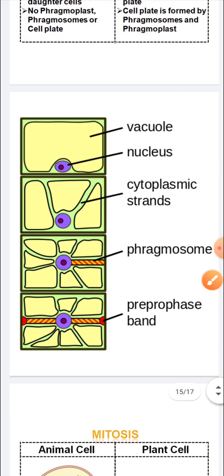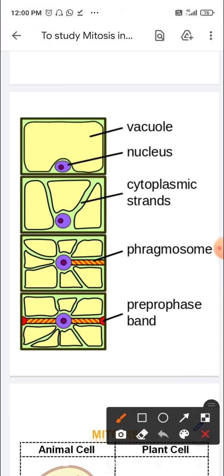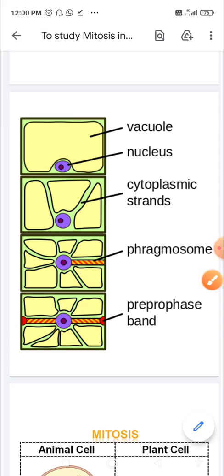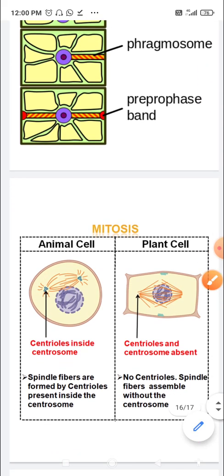You can see here phragmosome is just the cytoplasm that is there, and more formation of the cytoplasm takes place. That is just what the phragmosome is, and this goes on increasing. There is a band of phragmosome that is formed in the cell, right? So that deepens, that is what forms the cell plate.